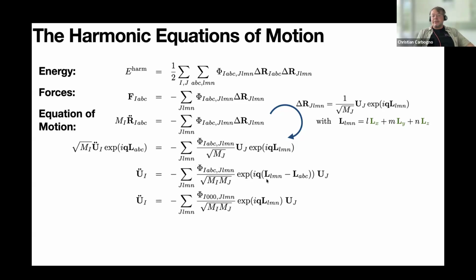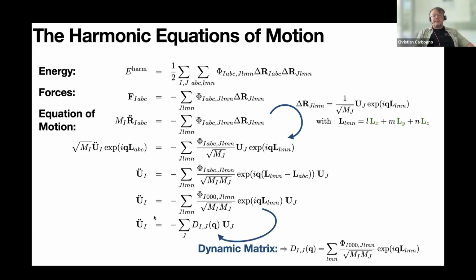We can simplify a little bit more, as we discussed before. We don't need to know every entry of the Hessian, and it's sufficient to know the ones in the unit cell. If you look a little more closely, in the end we get an equation that describes only the displacements in the unit cell with respect to each other.